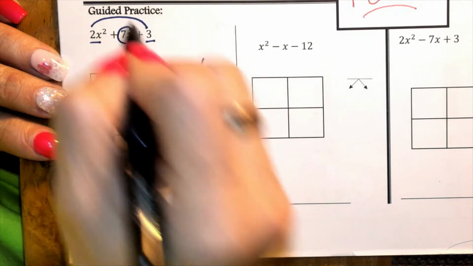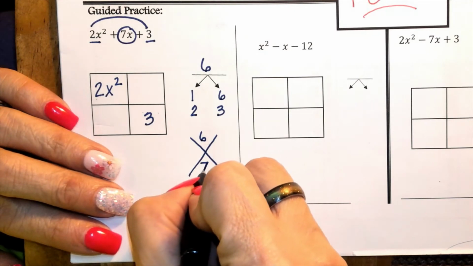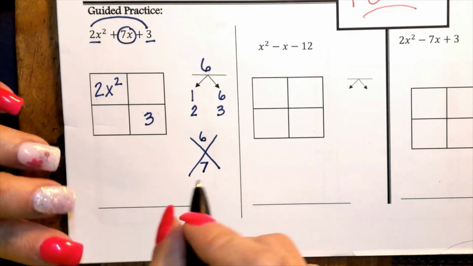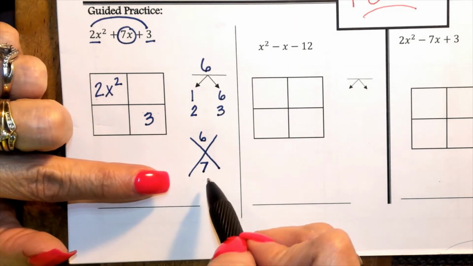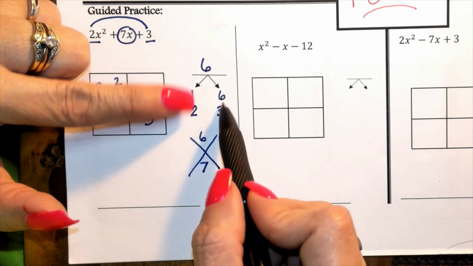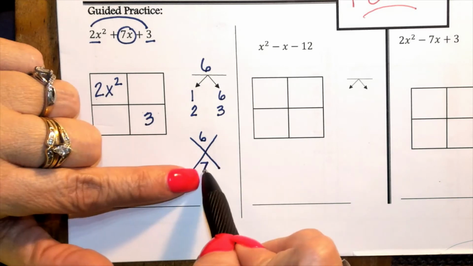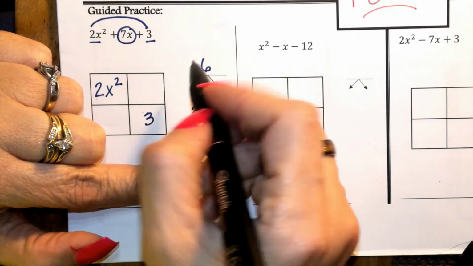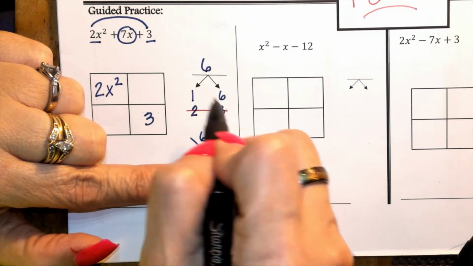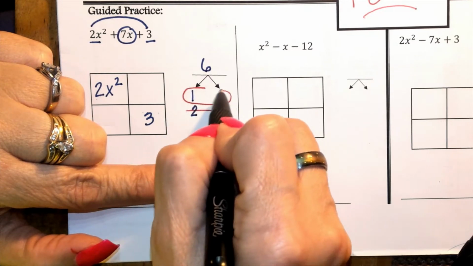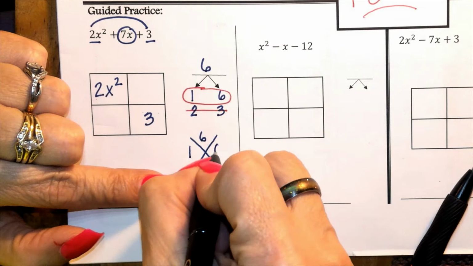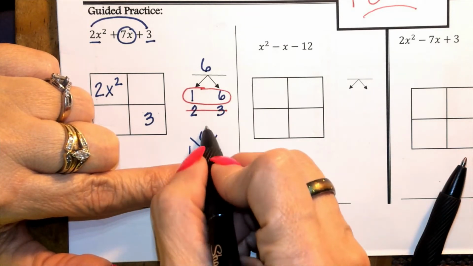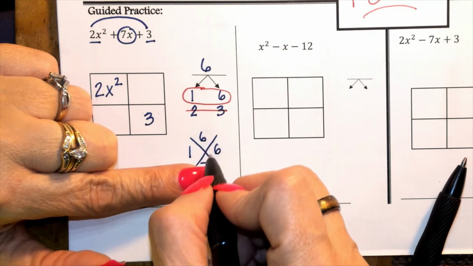Remember, we multiplied up and we added down. Which of these can I put together to get a 7? If I add them together, well, I'm not going to get a 2 and a 3. It's going to be these right here. So I'm going to say that 1 and 6. 1 times 6 gives me 6 up here, and 1 plus 6 gives me 7. So these are both positive.